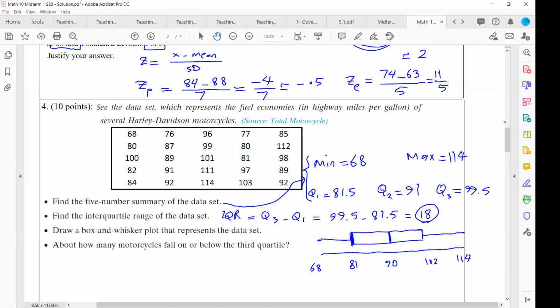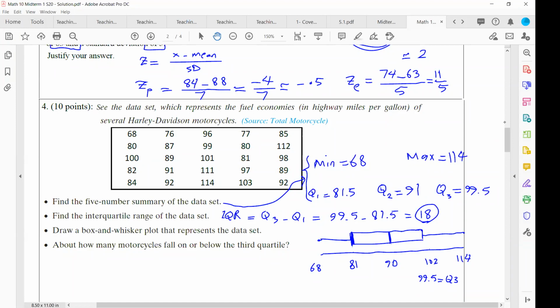Now it says about how many motorcycles fall on or below the third quartile. Where is the third quartile? Third quartile is here, 99.5. So how many data are above 99.5? Is this the majority of the data?